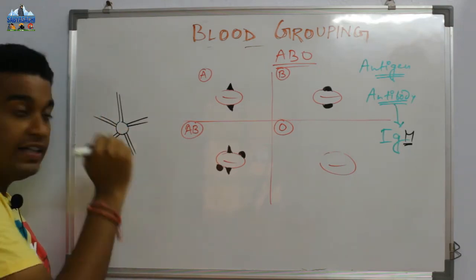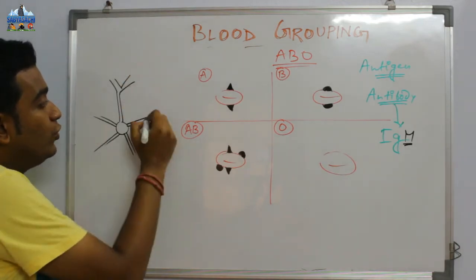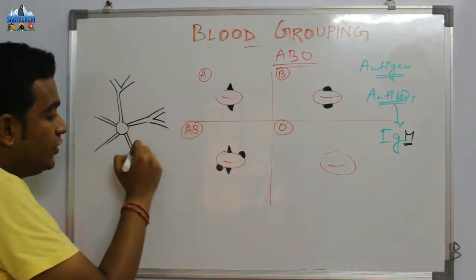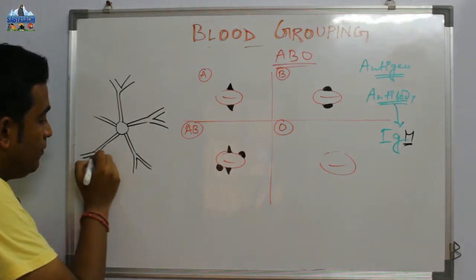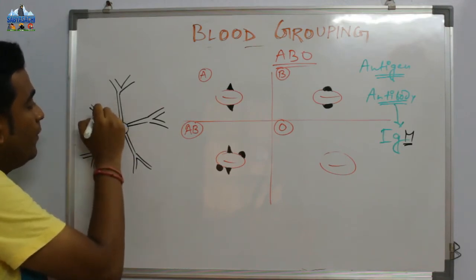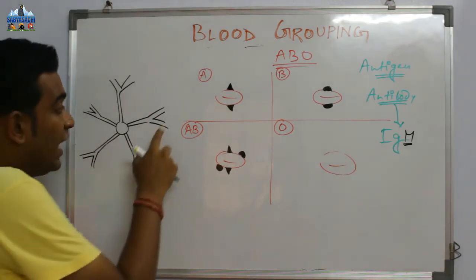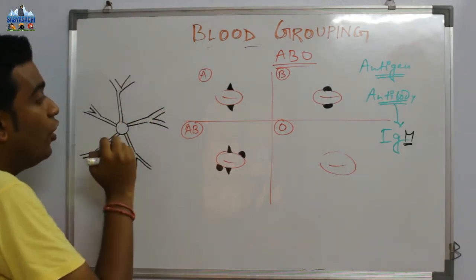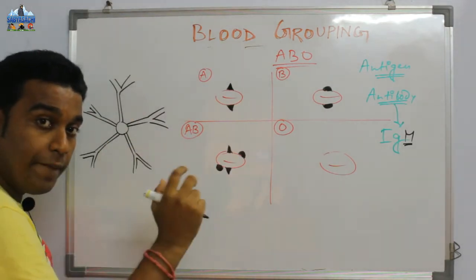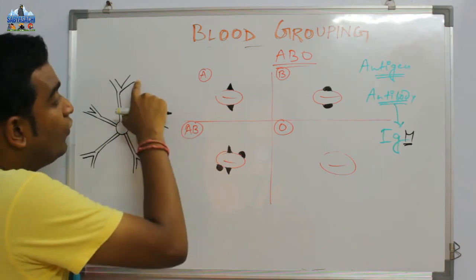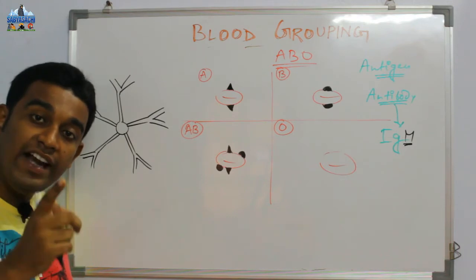And not only that, these units are again divided into this fork-like structure. Like this. And this end of this fork has a complementary shape of the antigen, so that they can bind with an antigen.